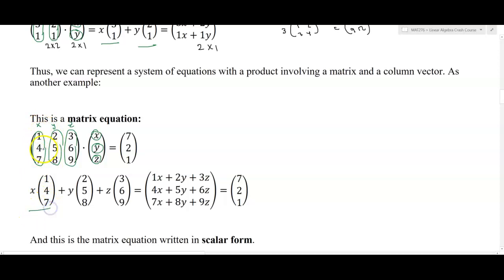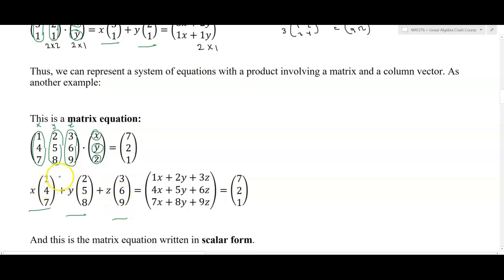So x times the 1, 4, 7, y times the 2, 5, 8, z times the 3, 6, 9, get added together. To add that together, x multiplies all the top components, so 1x, 4x, 7x. Y multiplies 2, 5, and 8, so we'll have 2y, 5y, 8y. And z will multiply 3z, 6z, 9z.